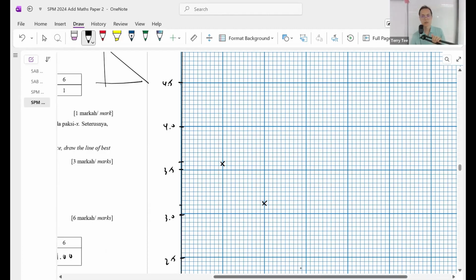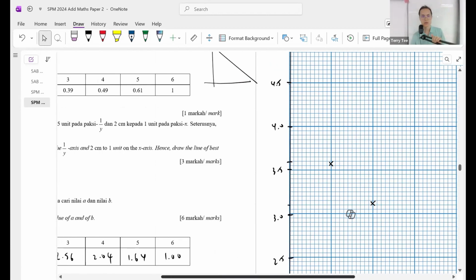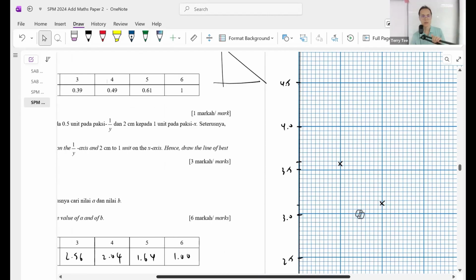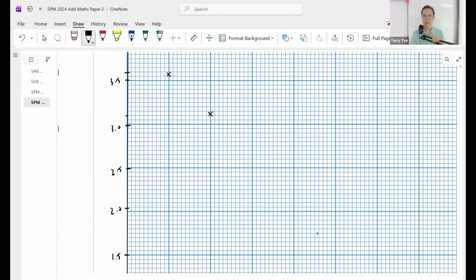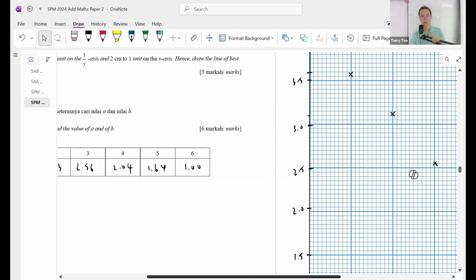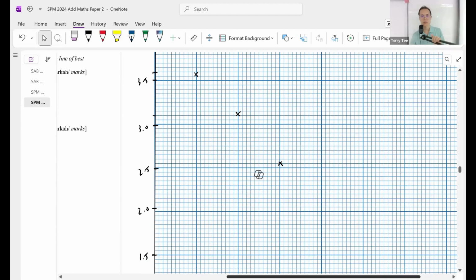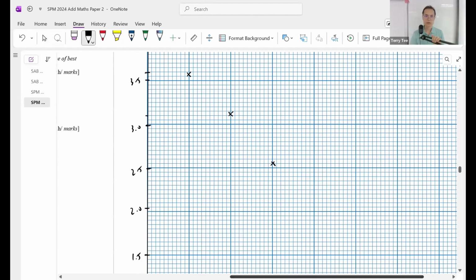Next, we have 3 and 2.56. 2.55 is here. I think we can read this. Next one, we have 4 and 2.04. Okay, this one looks a bit odd.